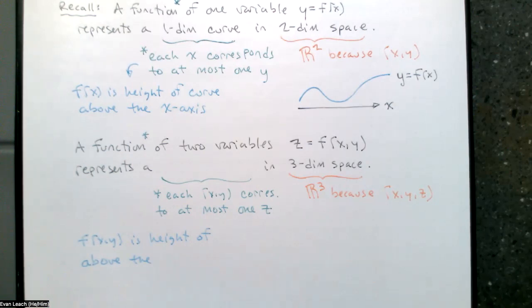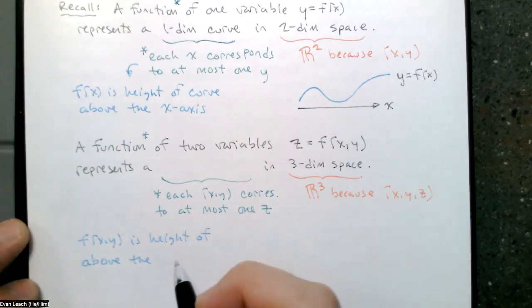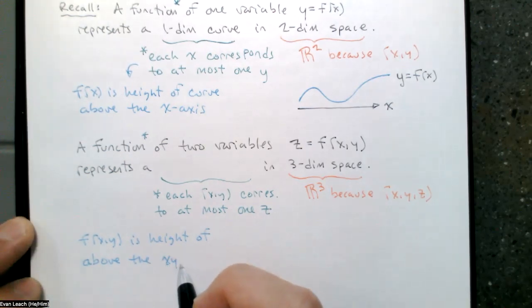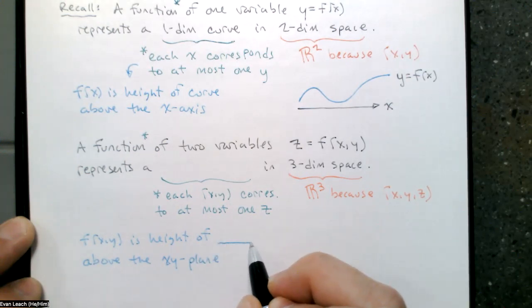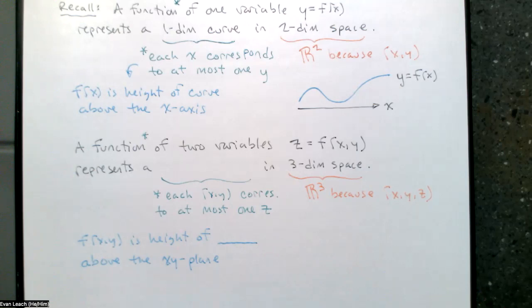It's not going to be the height above the x-axis because we've got a whole plane to work with. Each xy, we're going to have a height above it. So it's going to be above the xy plane. Now we just got to figure out what that's going to look like.